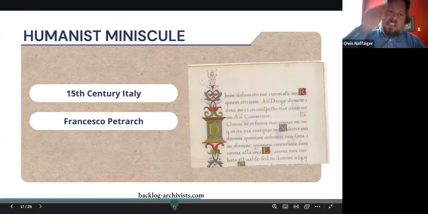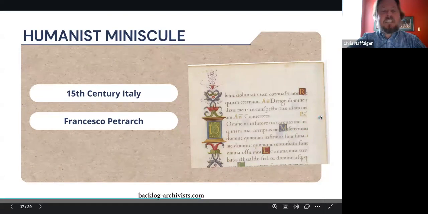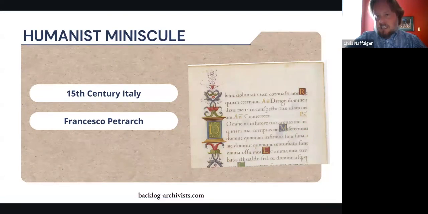So like I said at the beginning, humanist minuscule is from Italy, and it's very much a reaction to what they believed were earlier scripts that were seen as barbaric and old-fashioned, and particularly Francesco Petrarch, who was seen as sort of the humanist literary founder of the Renaissance, laid out this new script as a way of creating a script that was very beautiful and very easy to read.